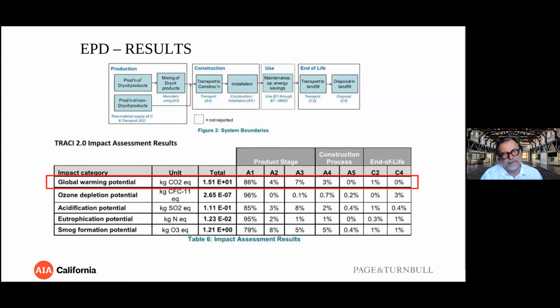But the great thing about the EPDs is that they do publish global warming potential in the form of carbon dioxide equivalent emissions.